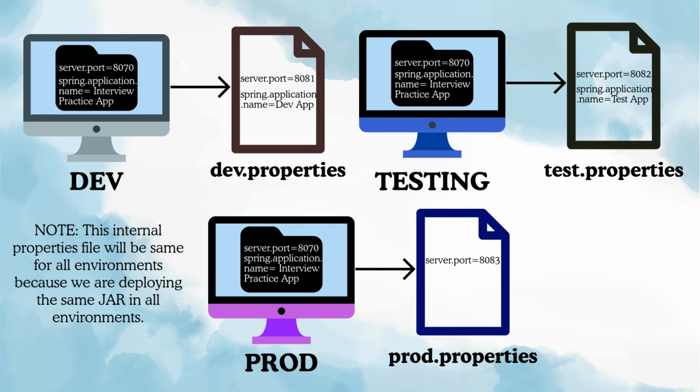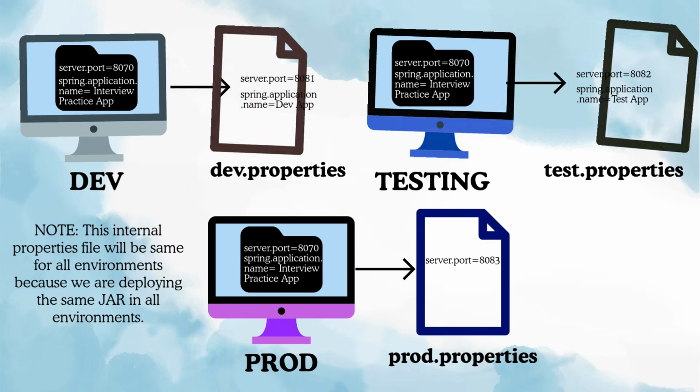But in production, we don't define this property at all. Okay, so what happens in that case? On dev, Spring will use dev app. On test, it will use test app. But on production, since it's missing in the external file, it will use the internal one, interview practice app. Okay, so this fallback mechanism allows us to maintain default values inside the jar while still customizing them as needed for each environment using external configurations.